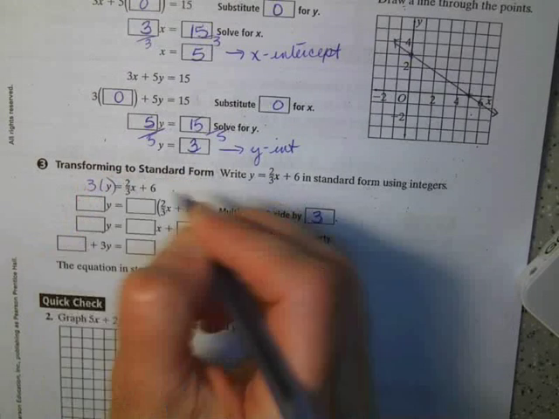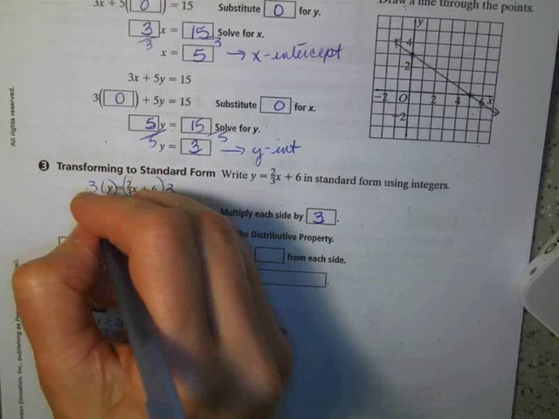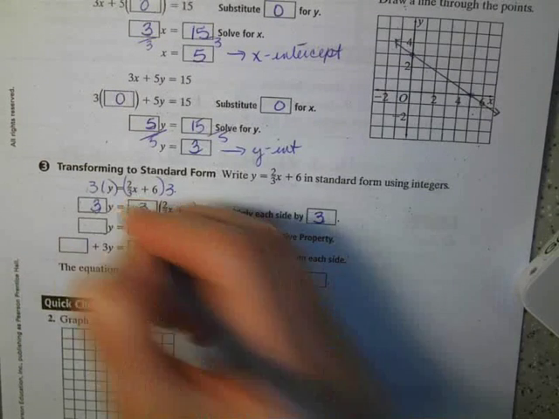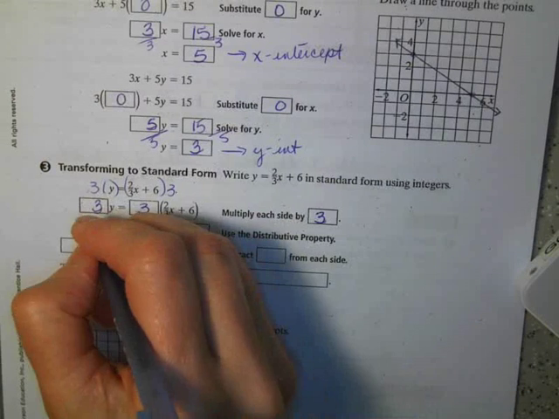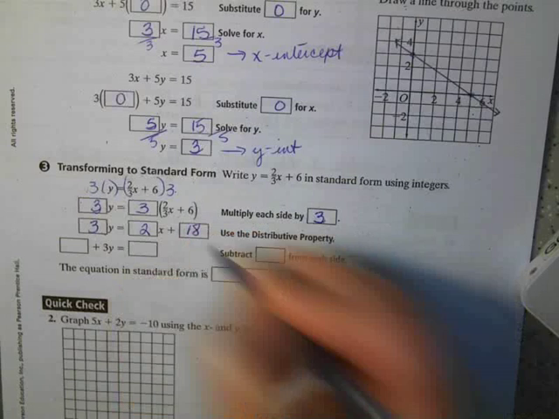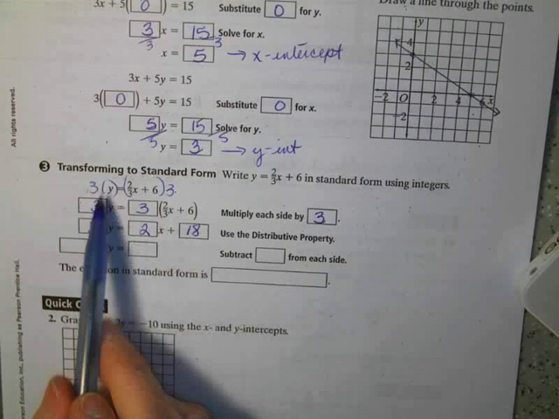So 3 times y is 3y. 2/3 x times 3 is going to be 2x plus 18 using the distributive property.